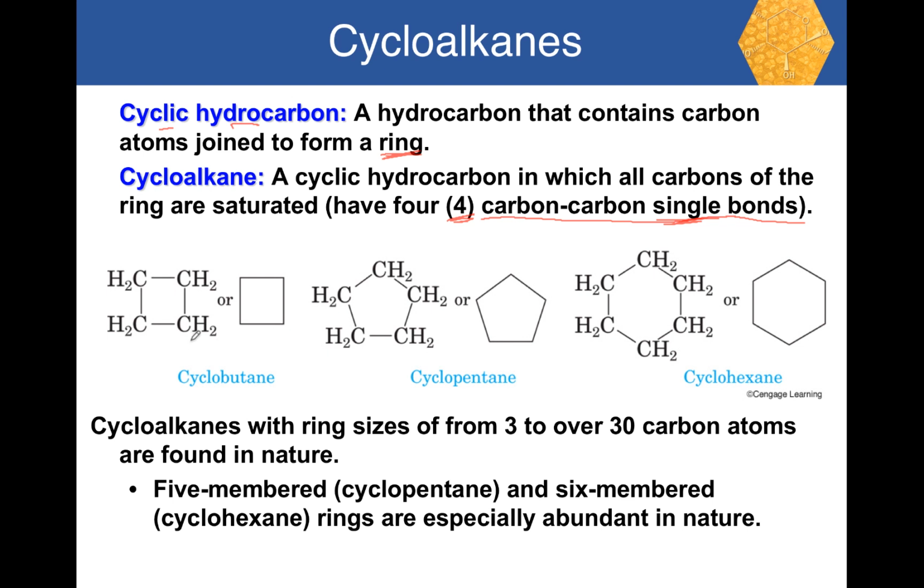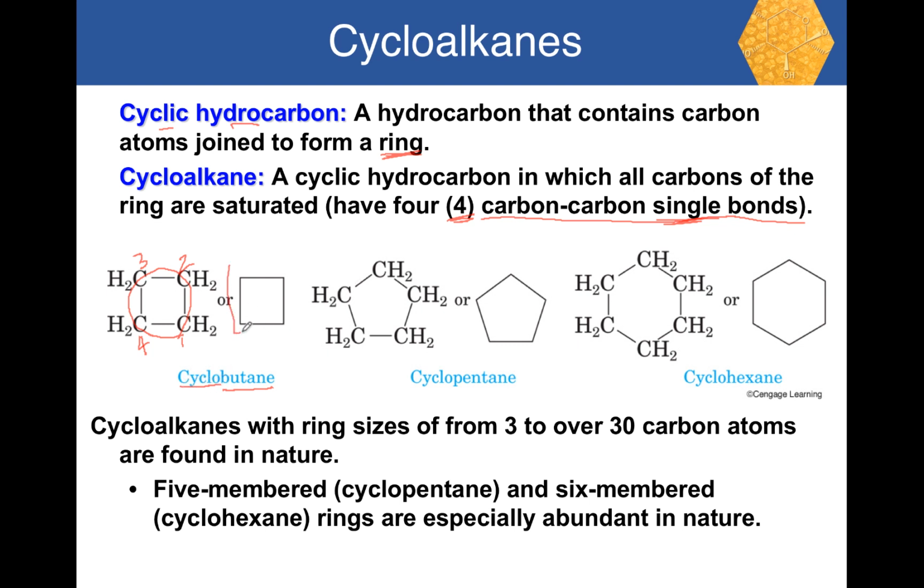So let's look at this one. This is a cycloalkane. It has 1, 2, 3, and 4 carbons. We know from the first part of this chapter that if it contains 4 carbons, it's a butane. Since it's in the form of a ring, it's a cyclobutane.